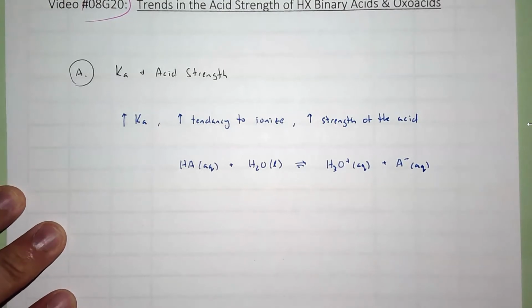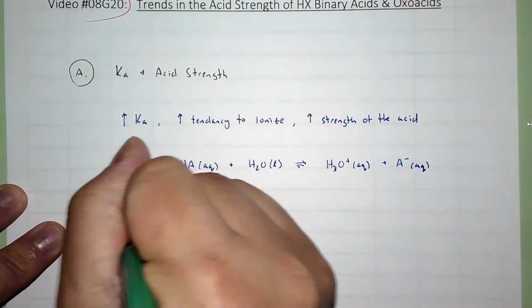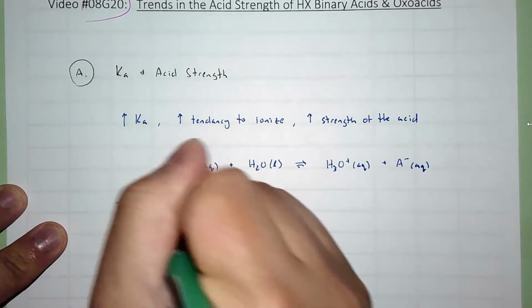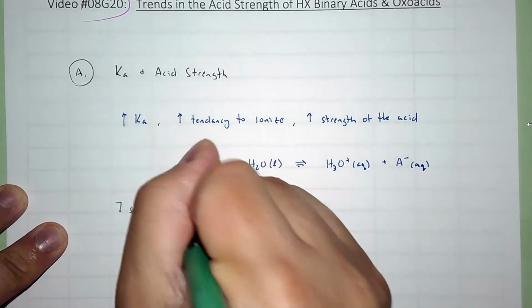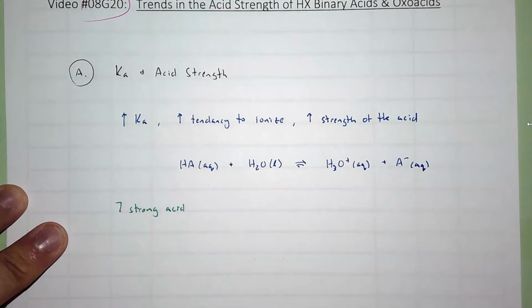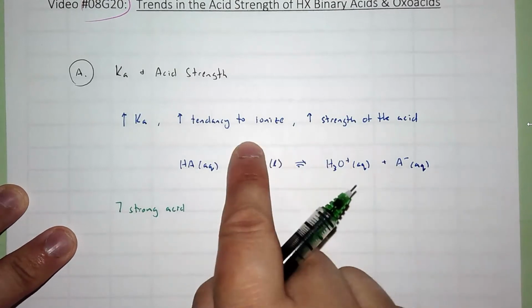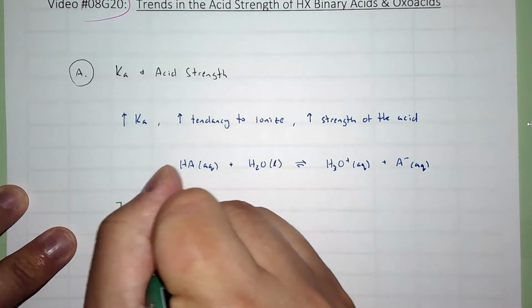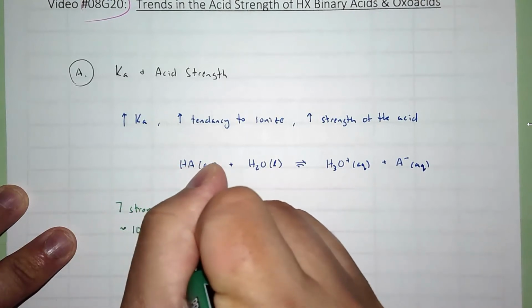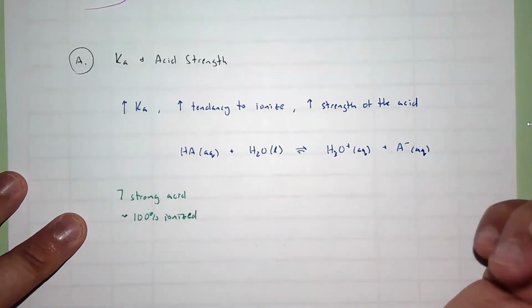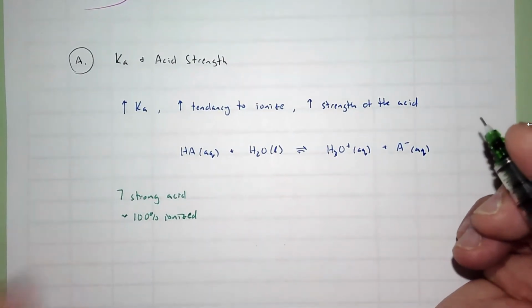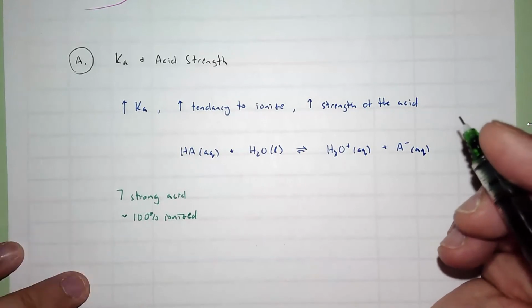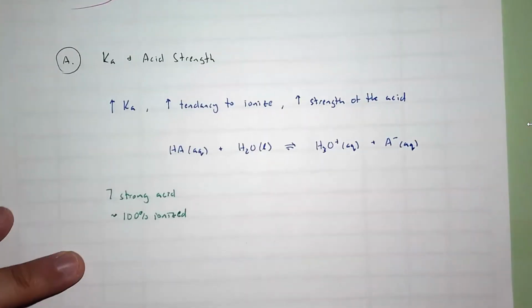Should we go over the 7 strong acids one more time? Because the 7 strong acids, you will assume, dissociate nearly 100%, or are 100% ionized. You will have to be good at memorizing or recalling the 7 strong acids, not only in this topic but also in the next topic.